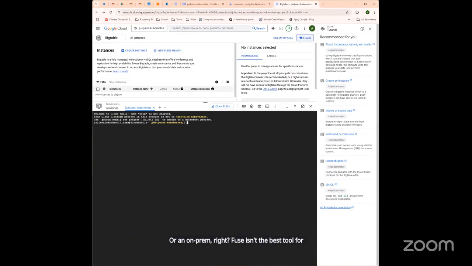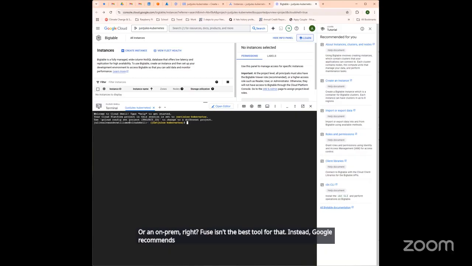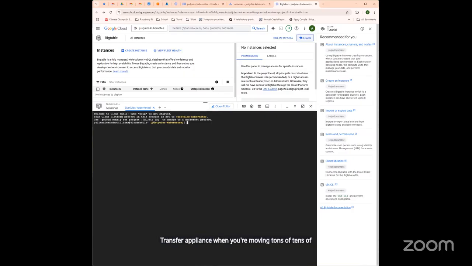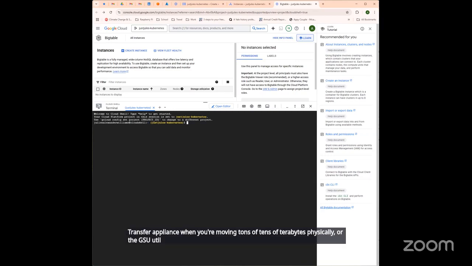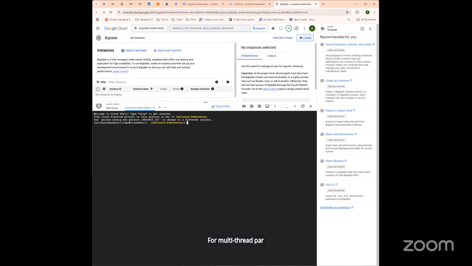Instead, Google recommends the Storage Transfer Service, which is for cloud-to-cloud transfers or recurring sync jobs; Transfer Appliance, when you're moving tens of terabytes physically; or gsutil -m for multi-threaded parallel copying in shell scripts. The key threshold is 20 terabytes. At this point, transfer efficiency and error handling become critical, with specialized tools offering parallelism, checkpointing, and resumable uploads.